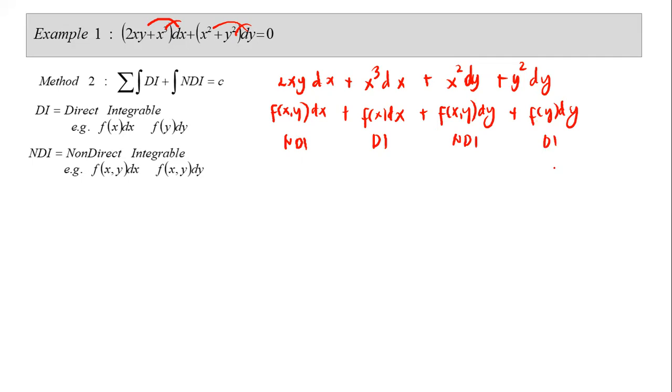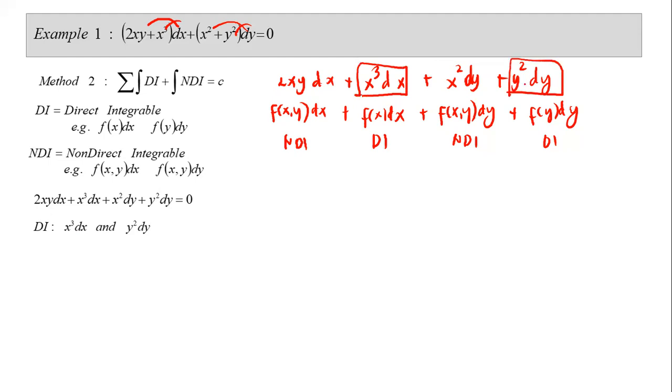All right, for our first example: 2xy dx plus x cubed dx plus x squared dy plus y squared dy equals 0. The direct integrable are x cubed dx and y squared dy. The non-direct integrable are 2xy dx or x squared dy.